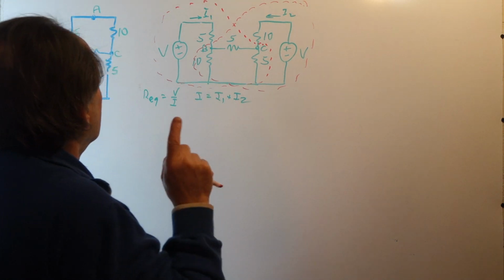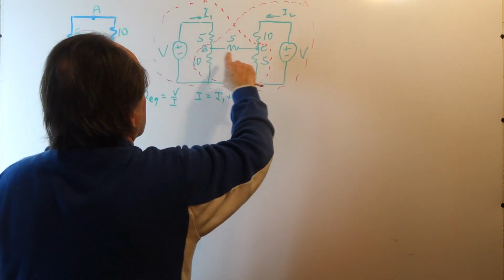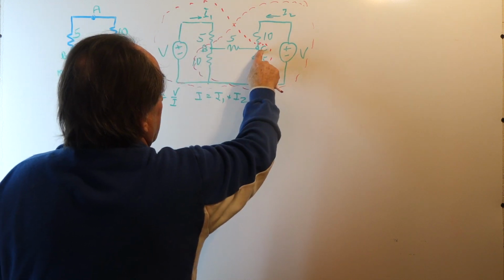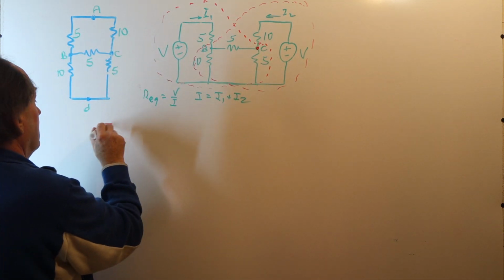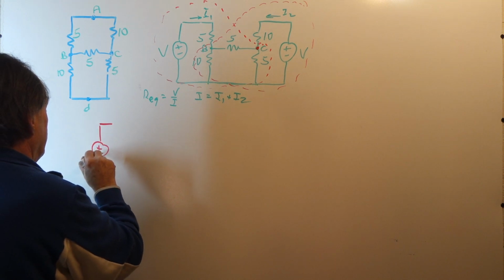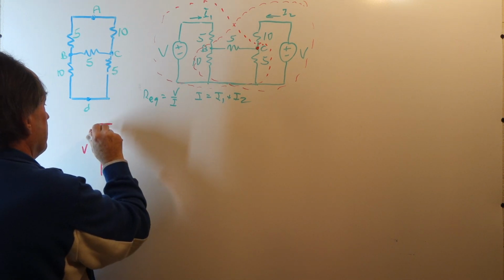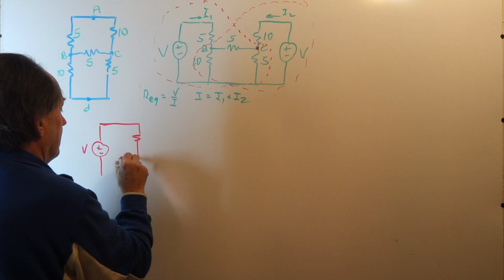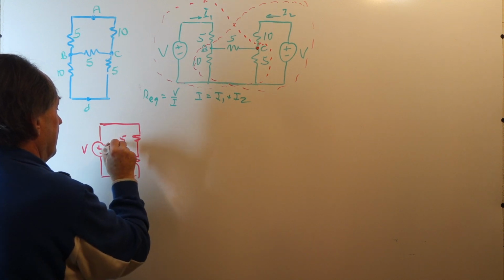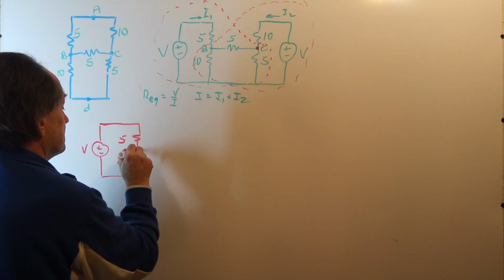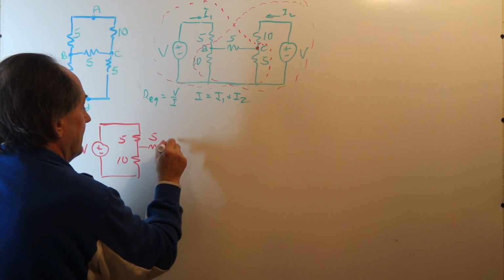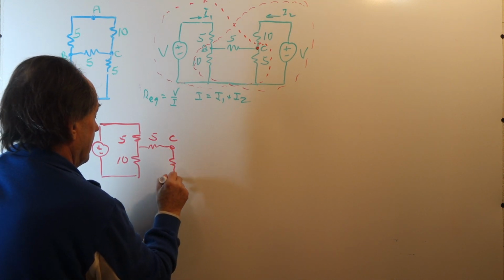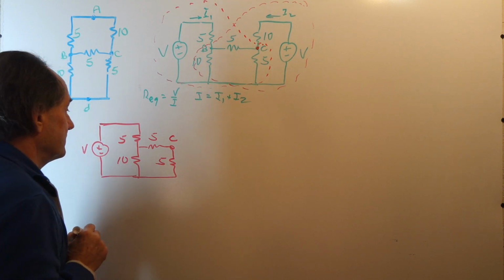So first, let's look at this portion of the network where we go up to node C. So representing the network, I've got V. I have a 5 ohm resistor, 10 ohm resistor. Then we have the bridge resistor. We're at node C. And then we have a 5 ohm resistor.